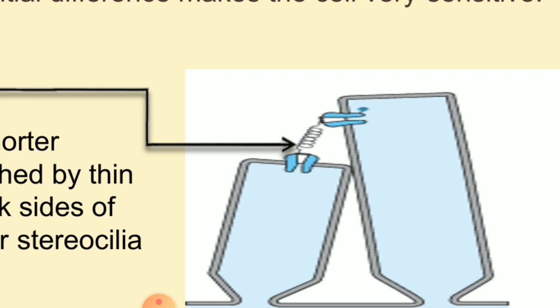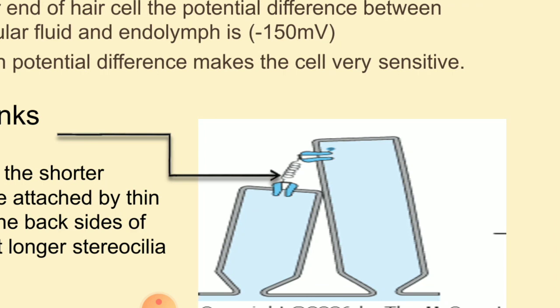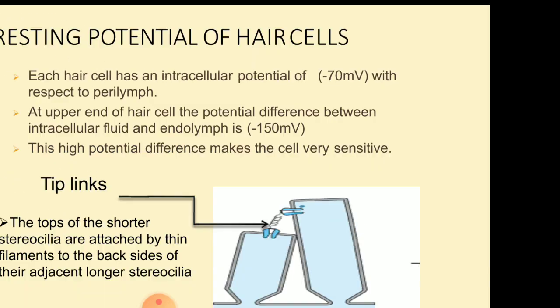Whenever the stimulation passes and stretching is over, the tip links come downwards so that the tension is released by means of some molecular motors or myosin molecules, and the channels get closed. As these are mechanosensitive, when the stretch is over, the channel is closed. Now this is the specific arrangement of the stereocilia present over the hair cells.